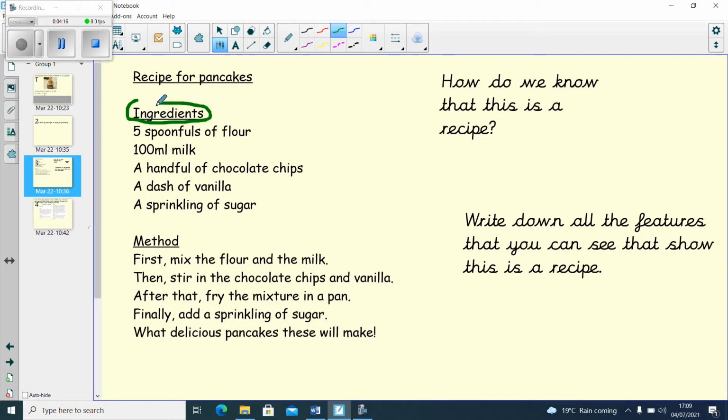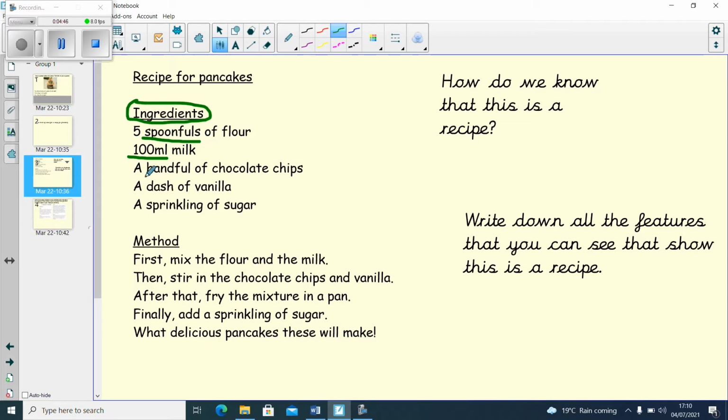And ingredients are the things that we need in order to make the item, in order to make the pancakes in this case. And you'll notice that in the ingredients we usually see standard measurements. Okay, millilitres, spoonfuls. So it's telling us exactly how much of something we need.